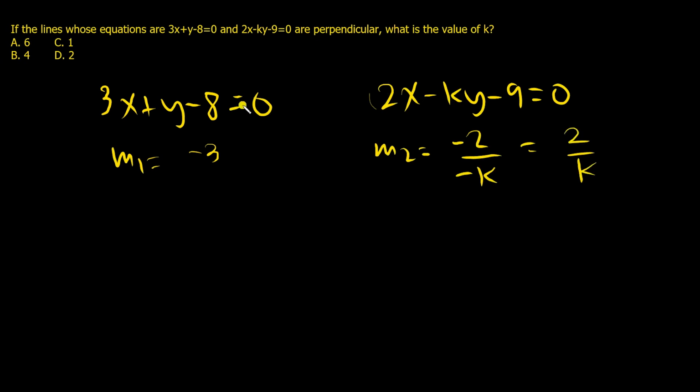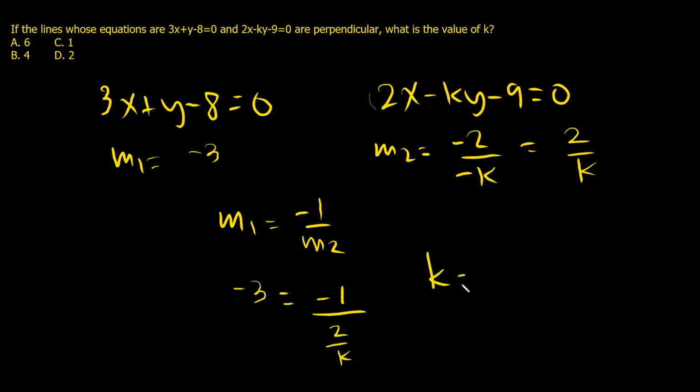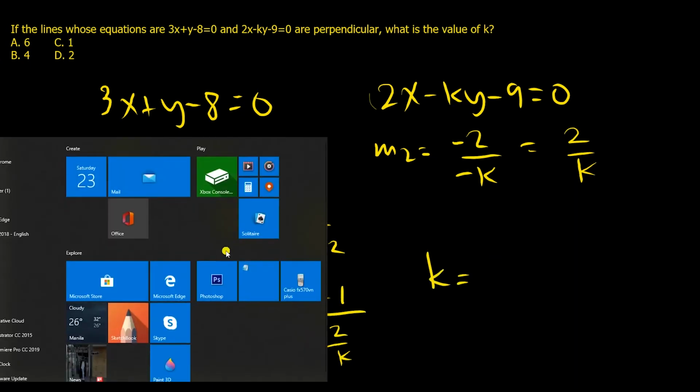So, slope ani is 2 over k. Tama? Then, unsa gani ang slope pag perpendicular lines ta? Negative reciprocal, di ba? So, m1 is equal to negative 1 over m2. So, meaning to say, negative 3 is equal to negative 1 over 2 over k. What is k? Calcu.